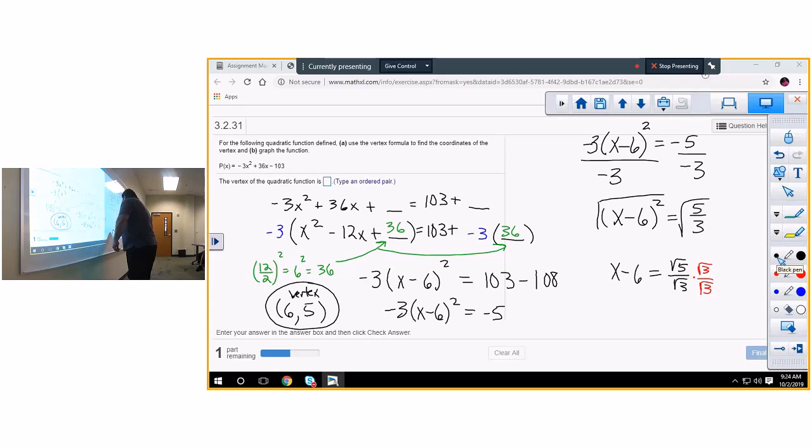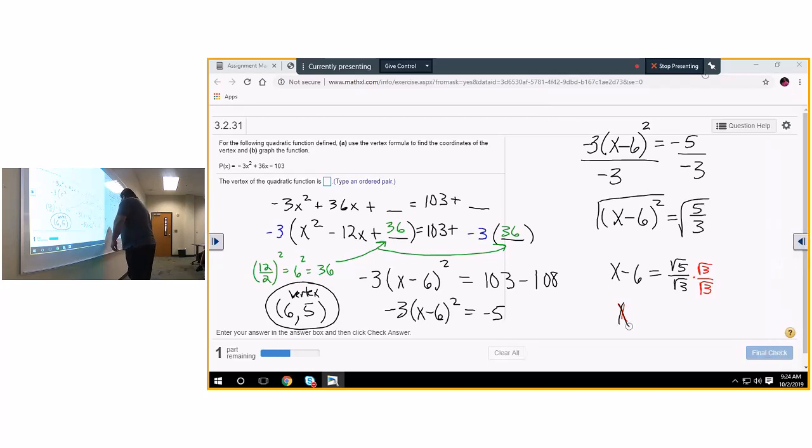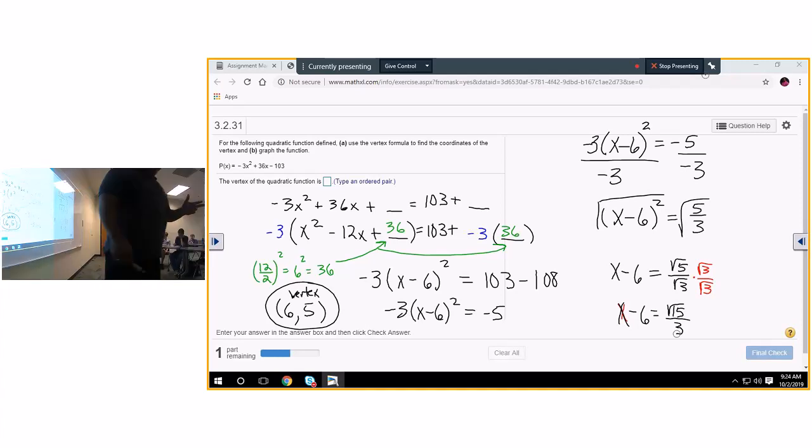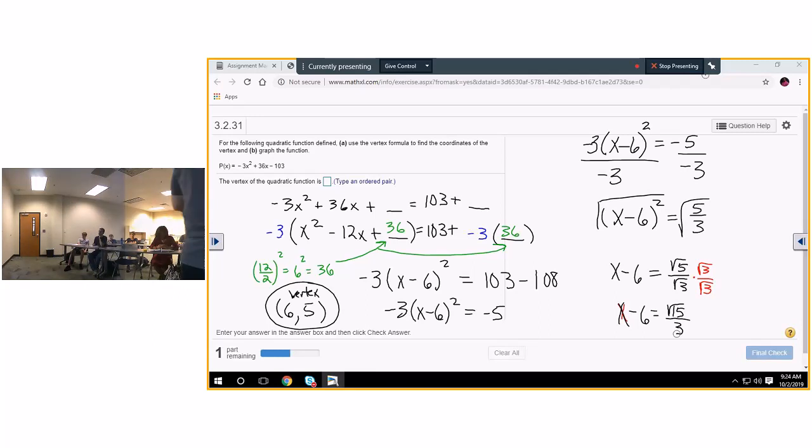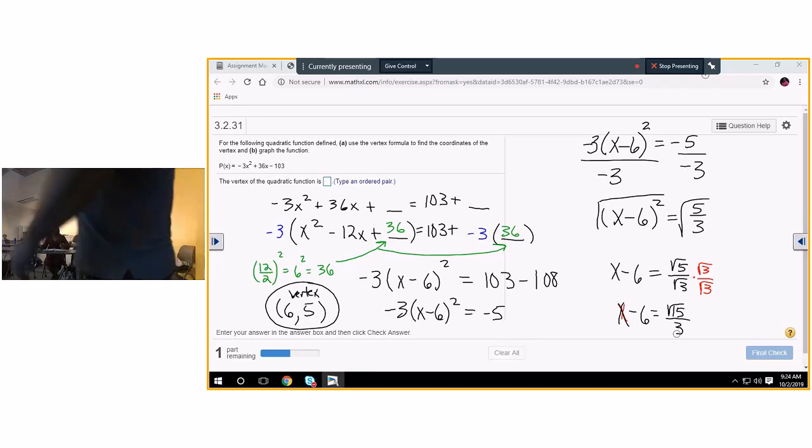And that gives us x minus 6 is equal to the square root of 15 over 3. Now somebody tell me what they think the square root of 15 is. 3.9. It's a miracle.